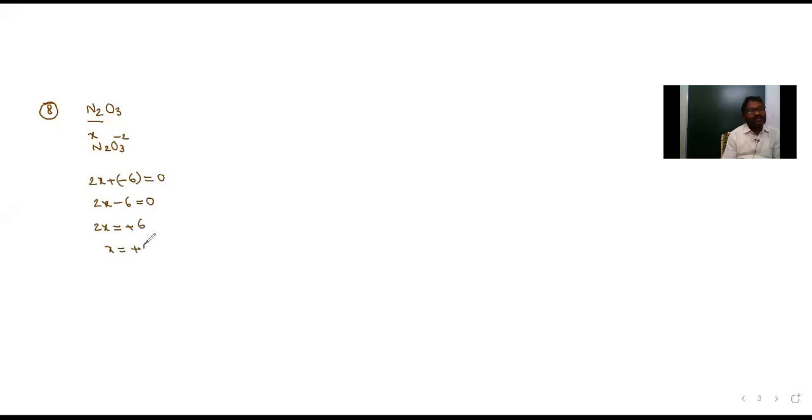X is equal to plus 6 by 2. That is plus 3. Understood?